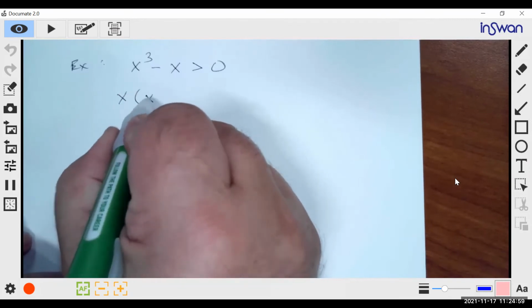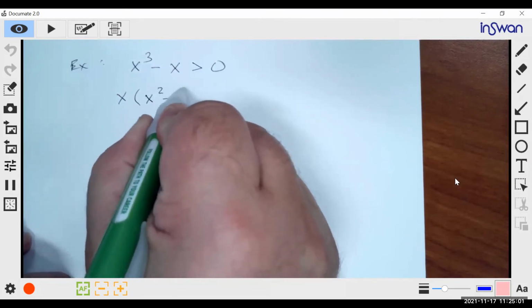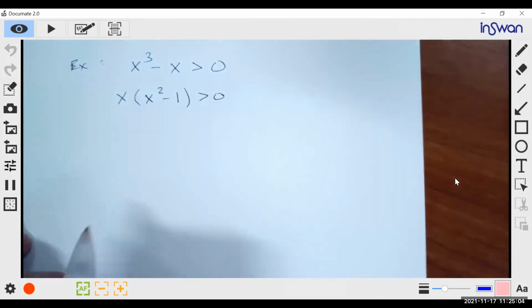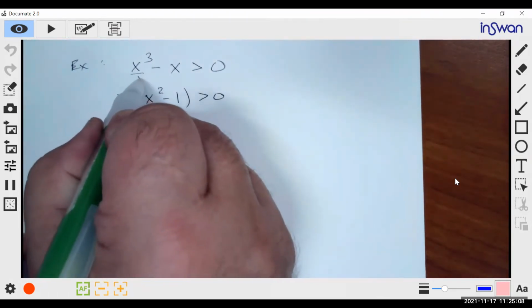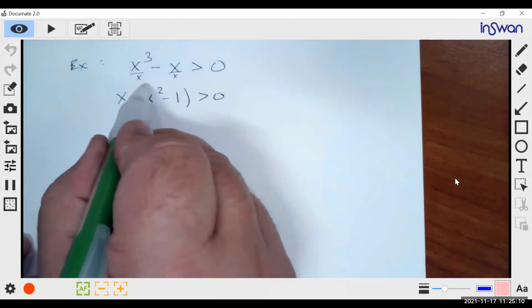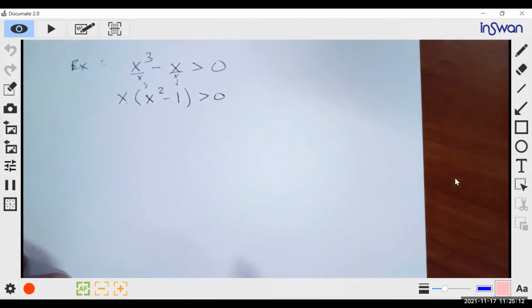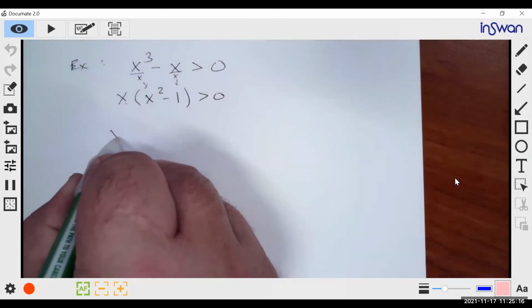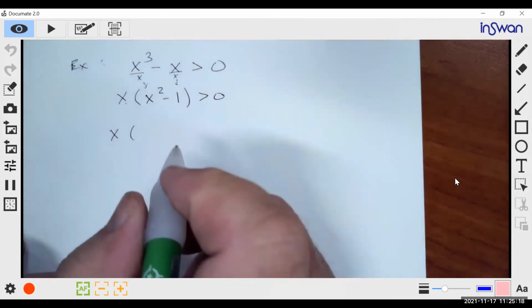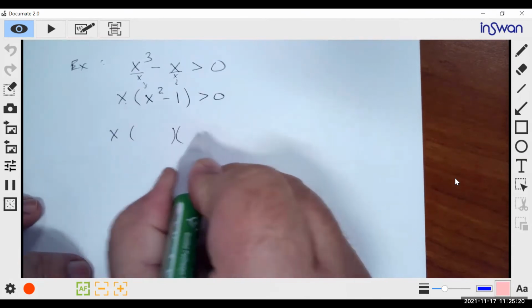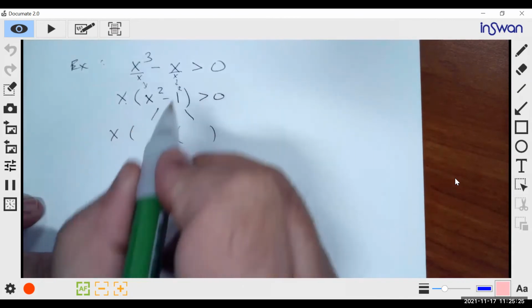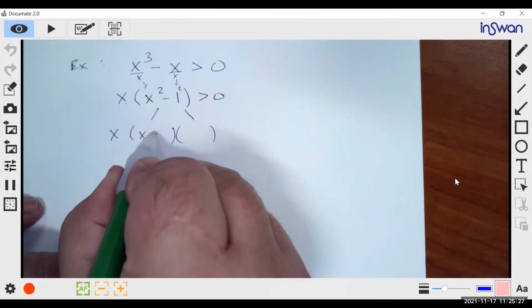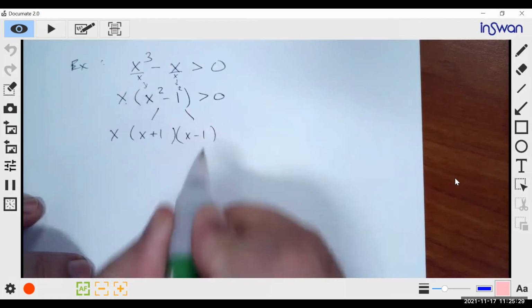We can take out an x. Remember, whenever you factor, they both have an x, so take out an x. If I divide both of those by x, I see what goes inside the parentheses. I can factor that one further: x plus 1, x minus 1.